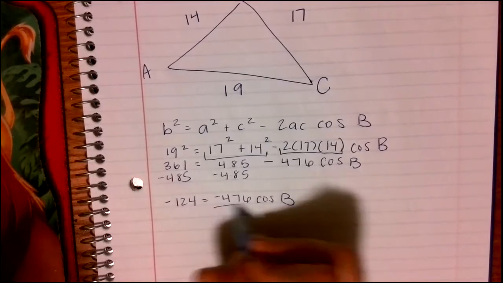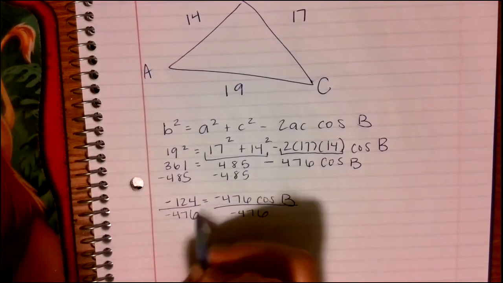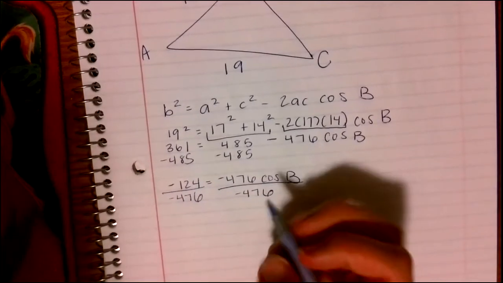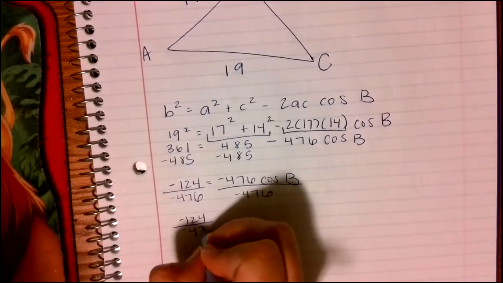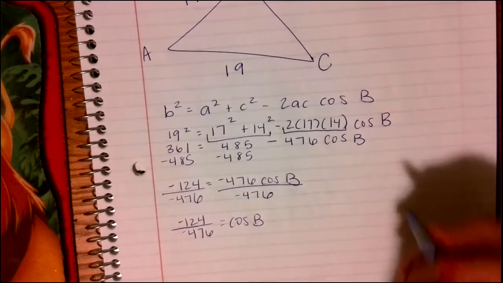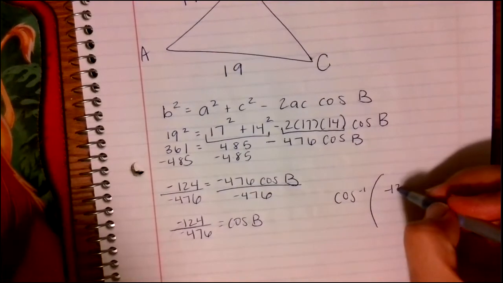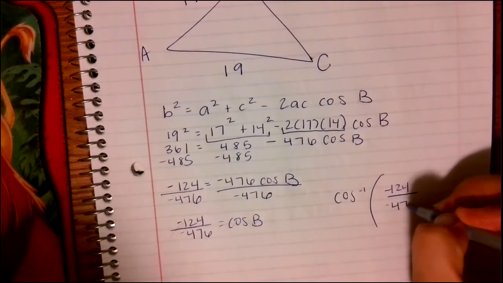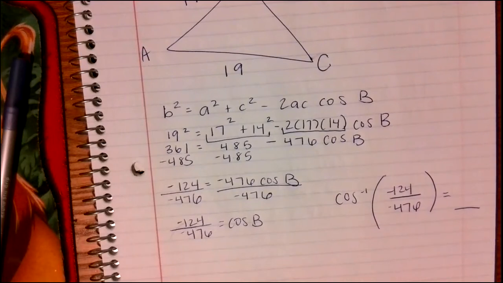So now I can divide by negative 476, and whatever decimal that gives me, that is equal to cosine B. So I'm going to be doing inverse cosine of that decimal, or you could just type the fraction in, either one, to get angle B. So that's what I'm going to type in now, inverse cosine.